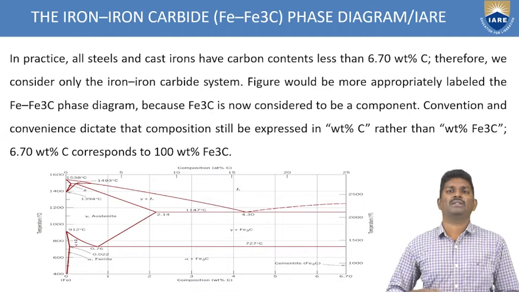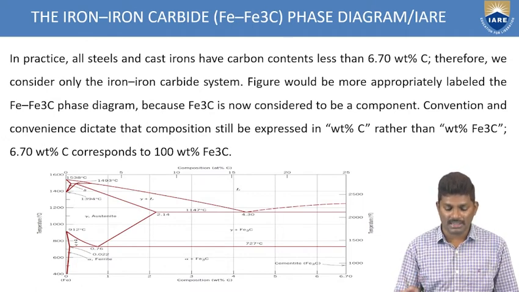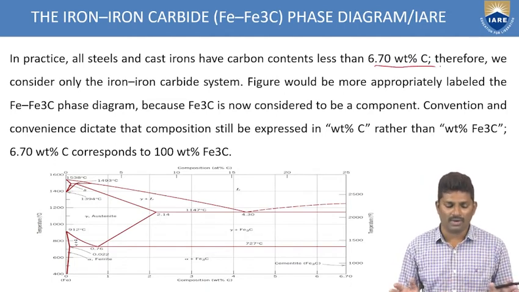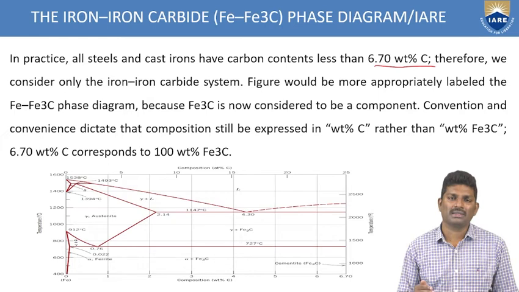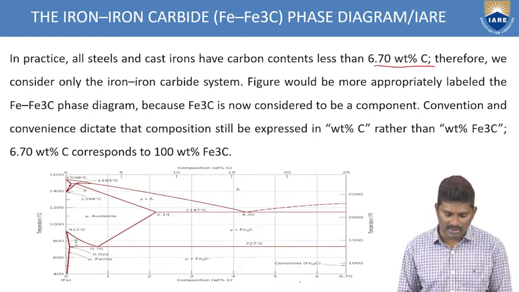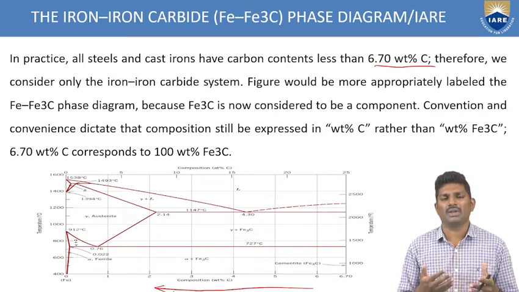Now, in practice, all steels and cast irons have carbon content less than 6.70 weight percentage. So in general, what are the steels and the cast irons having? They have carbon content less than 6.70. So below this only we are getting the steels and the cast irons.